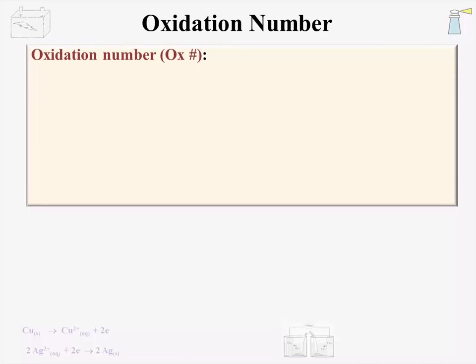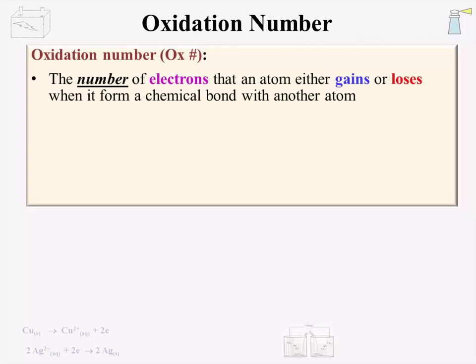First of all, the oxidation number is a construct. It's not a real thing. It is a tool to help us follow where the electrons are going in a reaction. The oxidation number, abbreviated OX, number sign, or pound, or hashtag, can more or less be defined as the number of electrons that an atom either gains or loses when it forms a chemical bond with another atom.